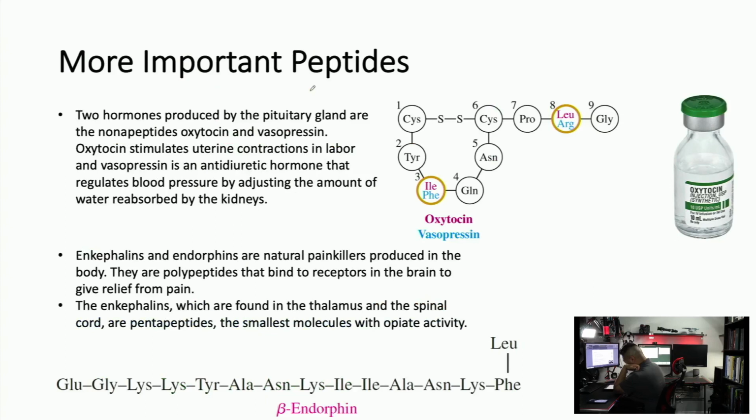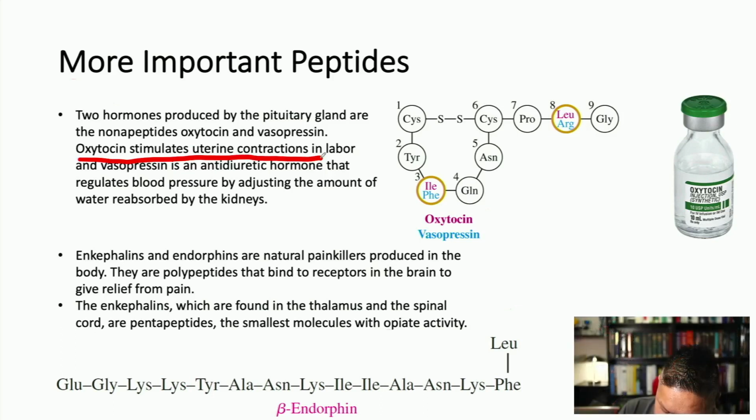Moving along, we have some more important peptides. We have oxytocin here. It stimulates the uterine contractions in labor, right? It's got this amino acid sequence right here, right? Cysteine, threonine, phenylalanine, isoleucine. Sorry, oxytocin has isoleucine.